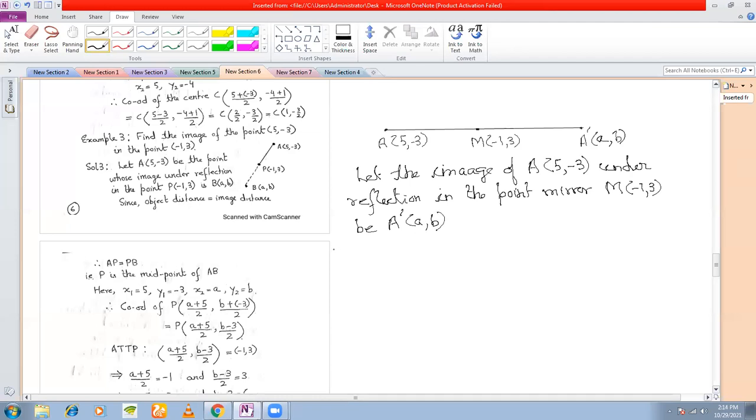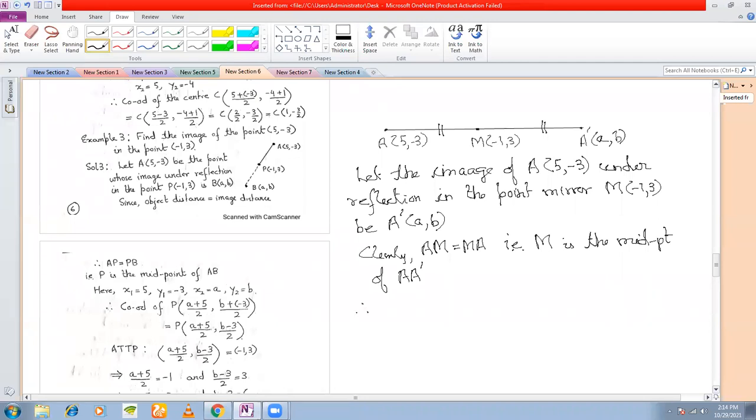Okay. So clearly AM must be equal to MA dashed. That is, M is the midpoint of AA dashed. Right? So M is the midpoint of AA dashed.